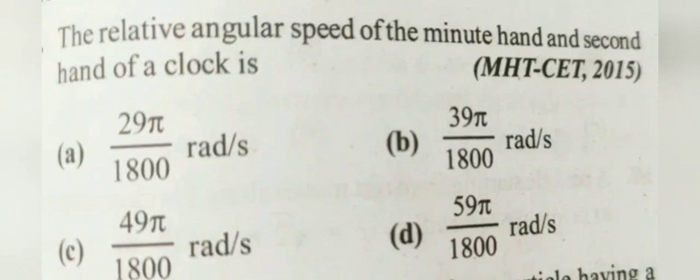Next problem: the relative angular speed of the minute hand and the second hand of a clock is. First, the angular speed of the minute hand. I am denoting angular speed by omega, so for the minute hand it's omega m. The formula for angular speed is 2 pi by t.